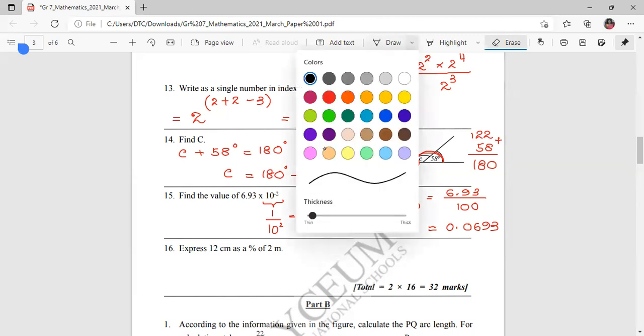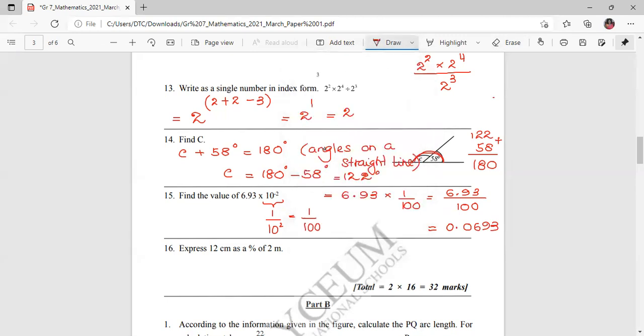Then we'll move to the last question of part A. You want to express 12 centimeters as a percentage of 2 meters. First of all, you want to understand the relationship here, but we can't do anything because the numerator is a centimeter value and the denominator is a meter value.